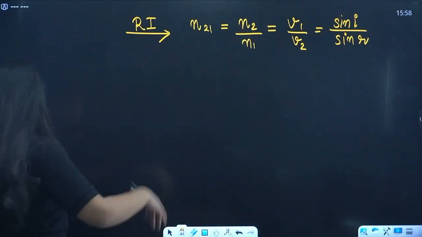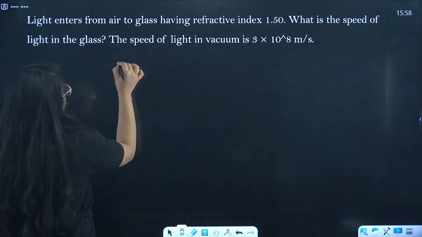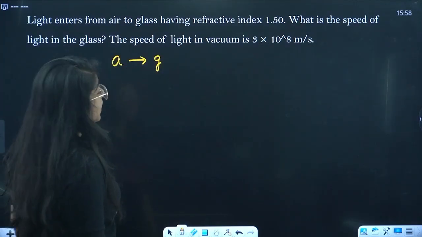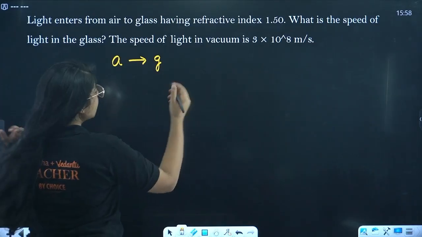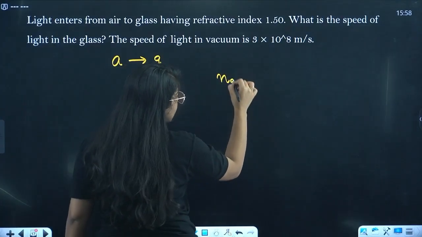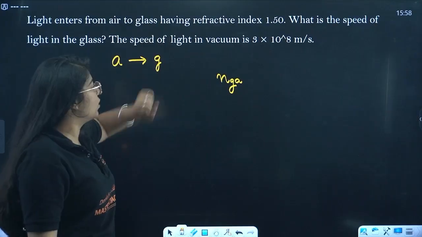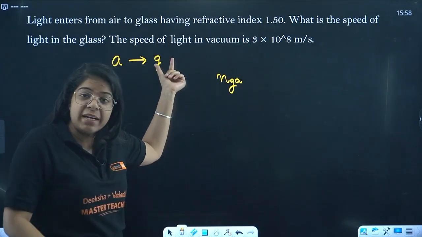Okay, let's see the question. Light enters from air to glass, having refractive index of 1.50. Now, how do you write that? See, the medium in which the ray is going will be written first. That means glass and air. When light is going from air to glass, because of the glass the light is bending, right?